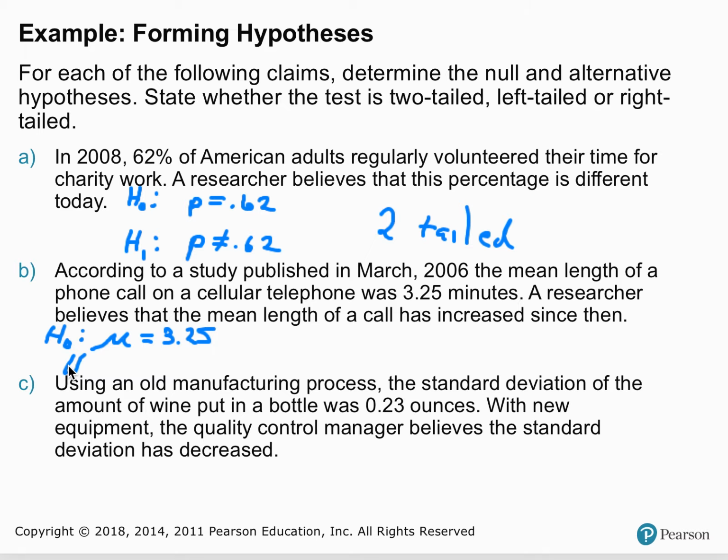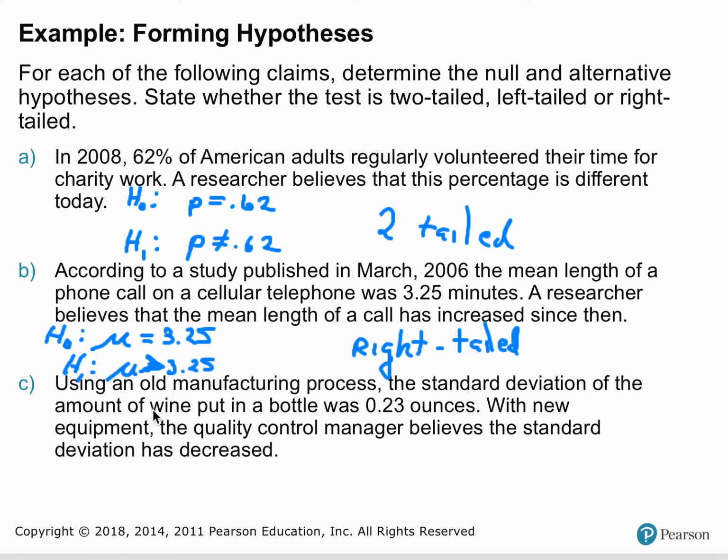My alternative hypothesis, the researcher is trying to show that the mean length has increased. So, I don't know why I put an equal there. So, it's more than 3.25. In other words, right-tailed, because he thinks it's larger, on the right-hand side, pointing to the right.